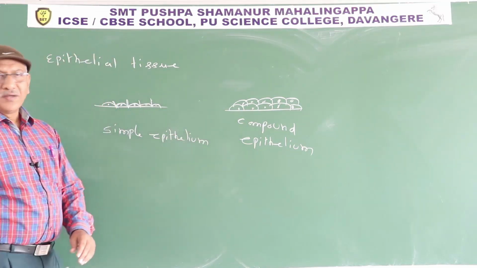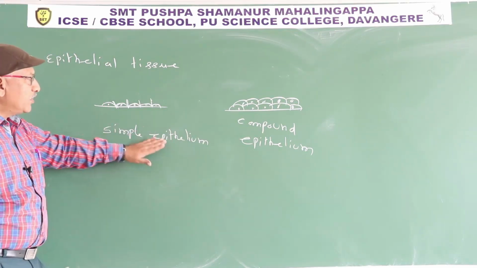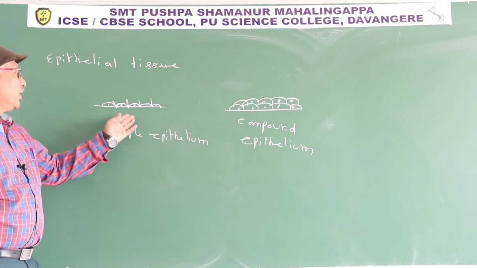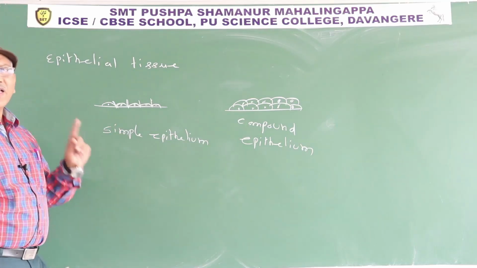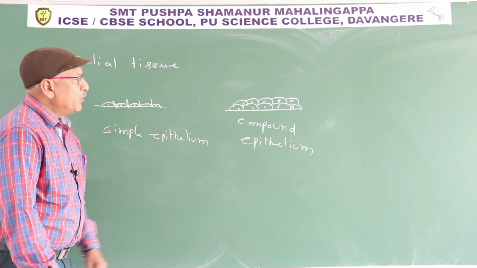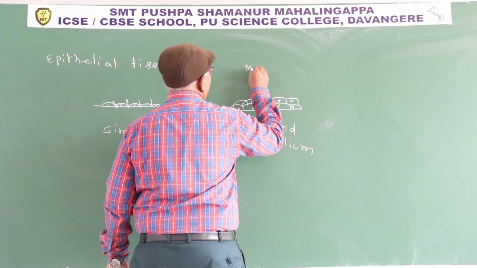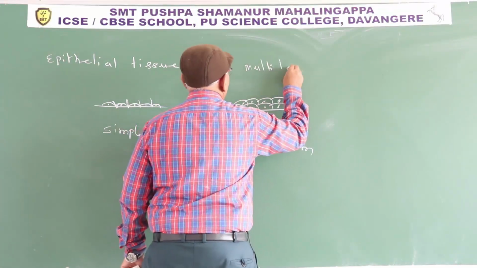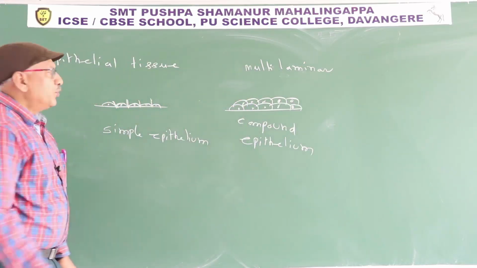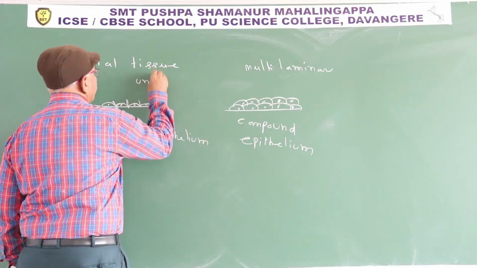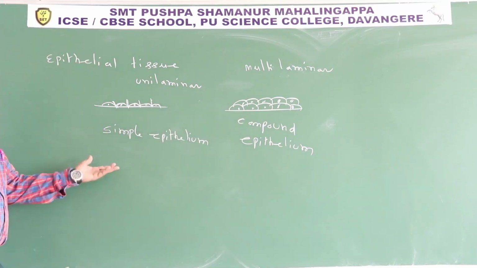They may ask, distinguish between simple epithelium and compound epithelium. Simple epithelium is unilaminar, means cells are arranged in a single layer.